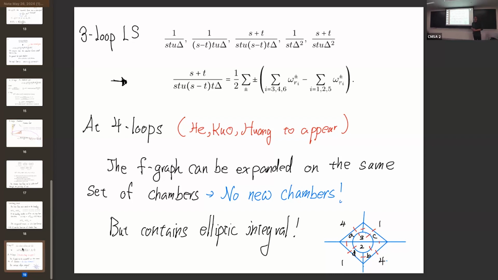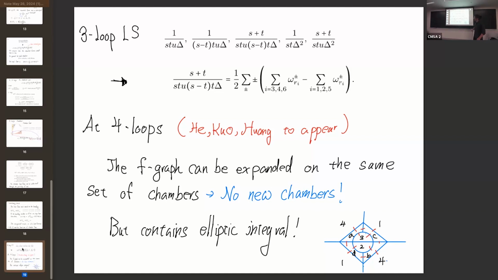I think that's the current understanding of what should happen. Here we have a counterexample where we have an elliptic function, we have the correct answer, but it's just dressed with a rational function. So it'll be very interesting to understand what is going on here, and hopefully we can report our understanding in the near future.